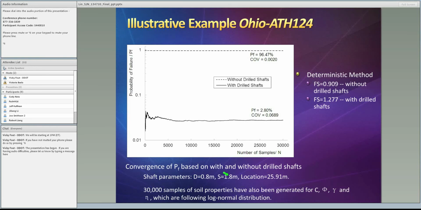So what is the corresponding probability of failure for this? The probability of failure is 96.47% without the shaft. With the shaft it is 2.8%.